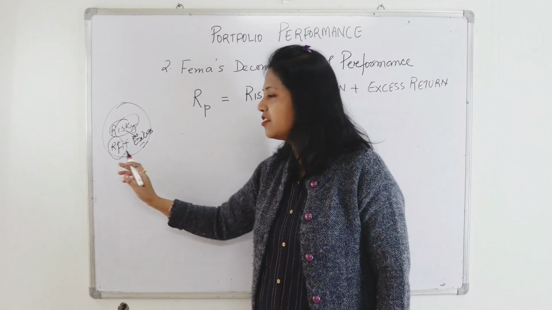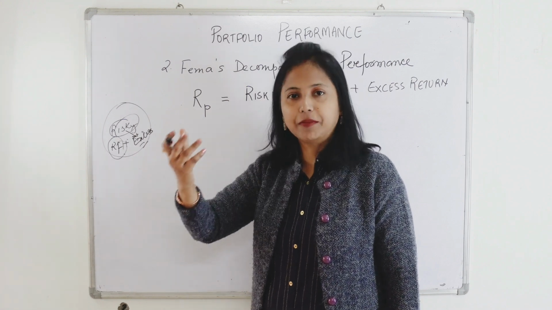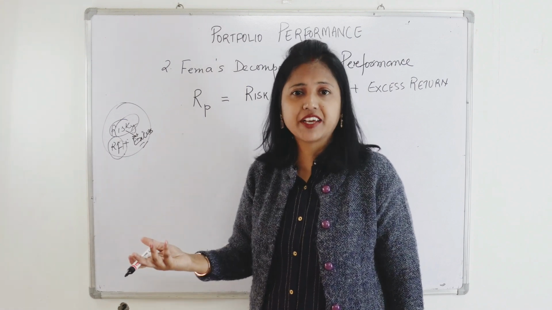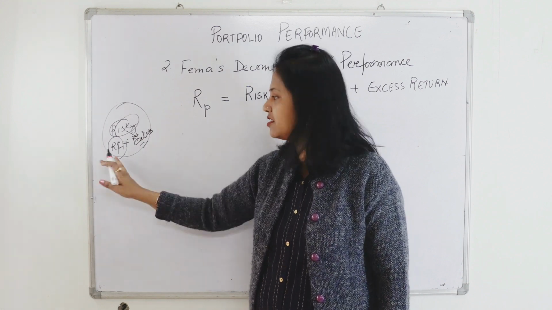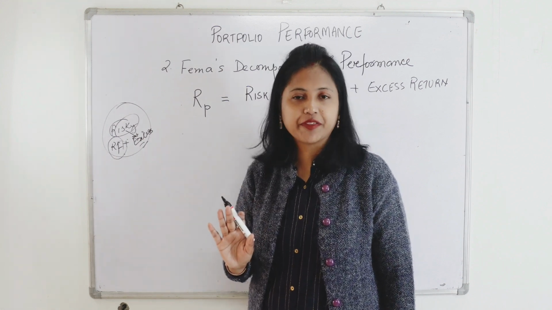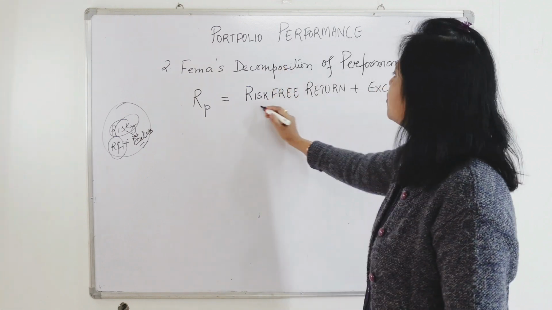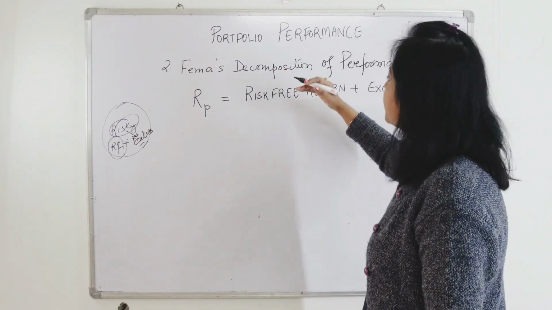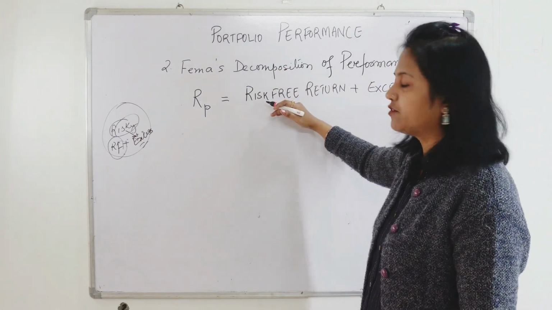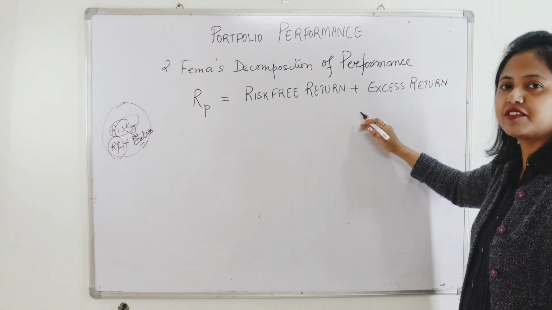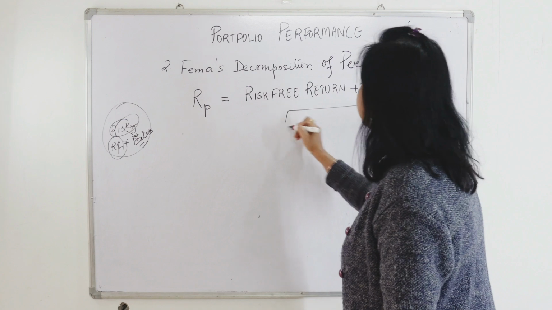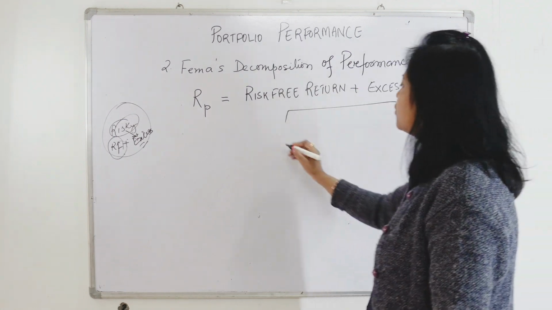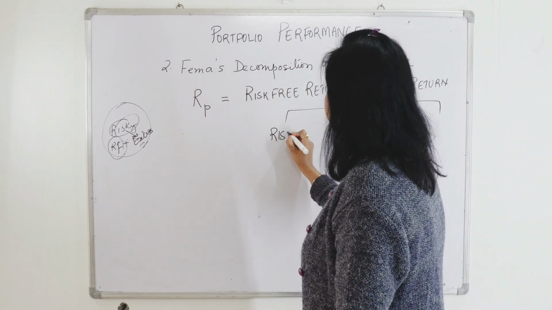So I must get the risk-free rate, but over and above I must get something extra because I have taken risk. If I have not taken risk, I will not expect any excess. I will just be happy with the risk-free return. So that's the point here. Your portfolio is generating what any risk-free asset gives you, but since you have invested in risky assets, you get something excess. Now this excess return, as I have told you, is because you have taken risk.